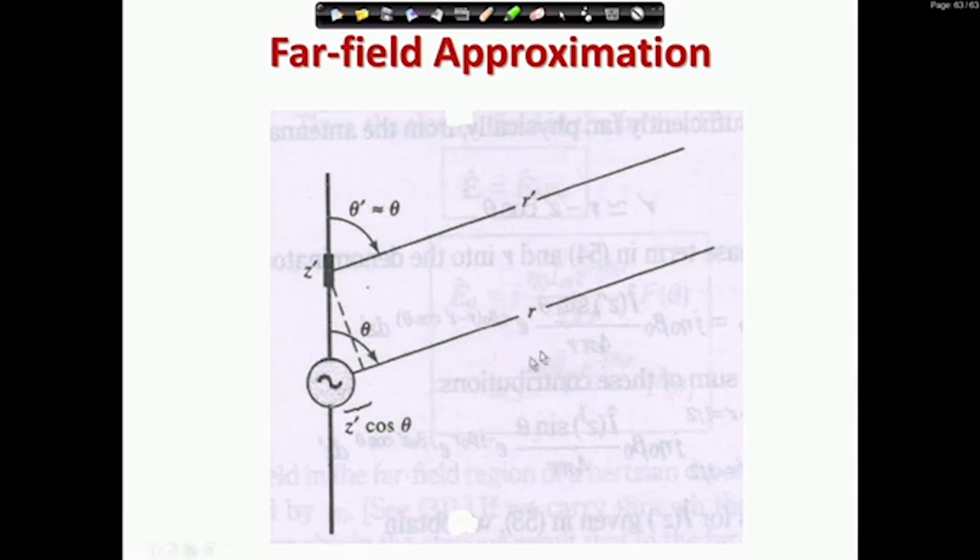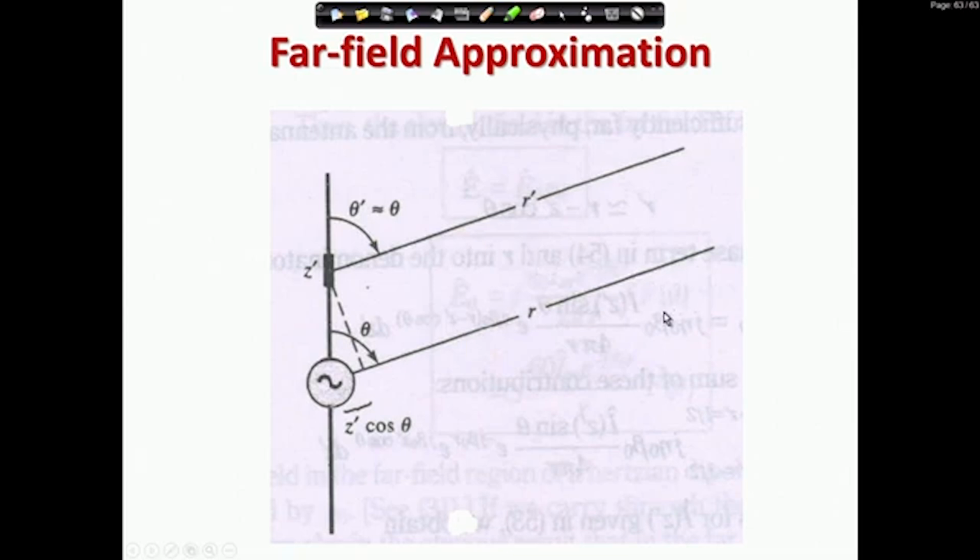In that case, r and r dashed are parallel, and r and r dashed are almost the same. If I very minutely want to express r dashed, I can write r dashed as r minus z dashed into cos theta. So, r dashed will be r minus z dash cos theta.